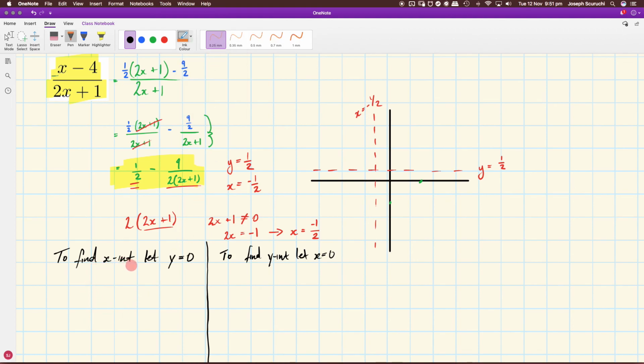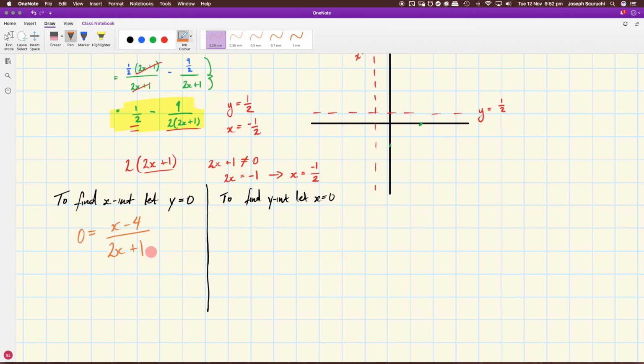So I need to find my x-intercept, and I'm going to do that by letting y equal 0. So I'm going to get 0 equals x minus 4 over 2x plus 1. I then am going to times both sides by 2x plus 1, and that's to get rid of my denominator.